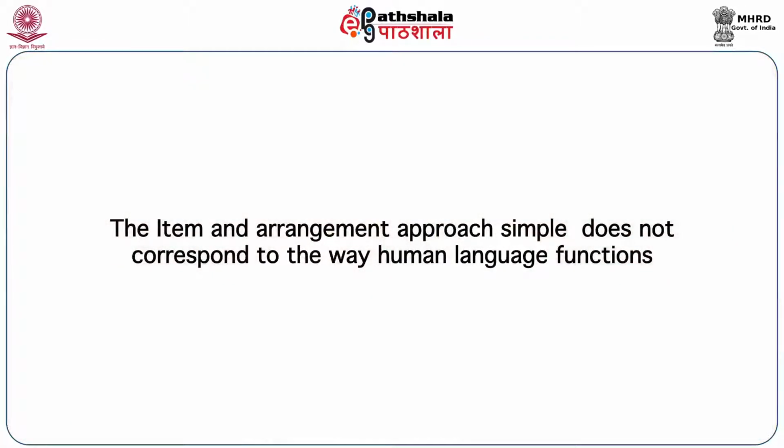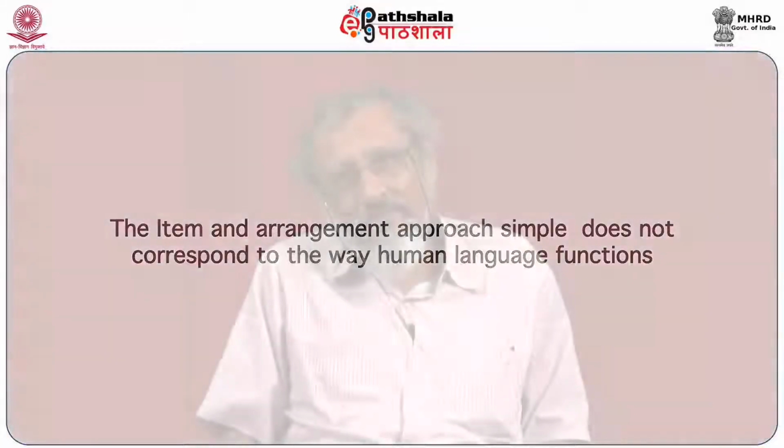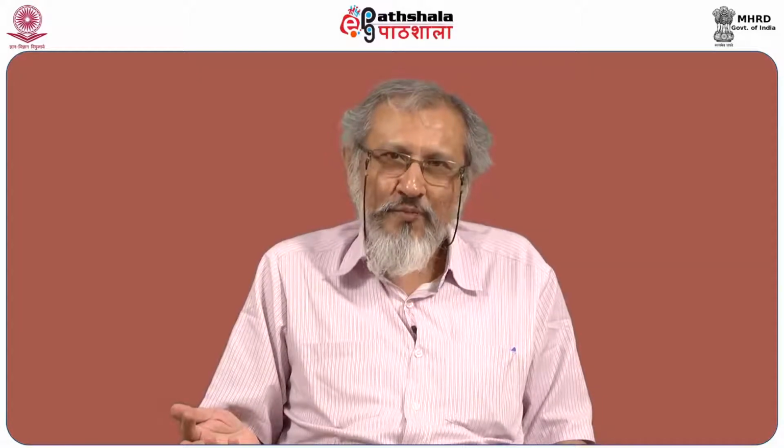This should be enough to show you that the item and arrangement approach simply does not correspond to the way human languages function. You have to use the item and process approach. We called the module Regularity and IA because you are looking at a supremely regular language, Esperanto. Even for such a language where you should be happy to use the item and arrangement approach and say, look, here are morphemes in action, one after the other, no exceptions, no alternations, no allomorphy.